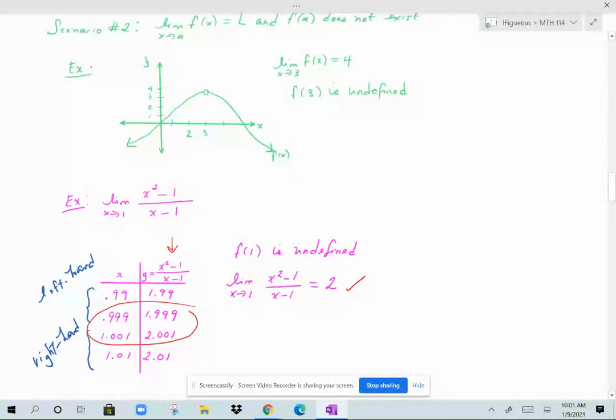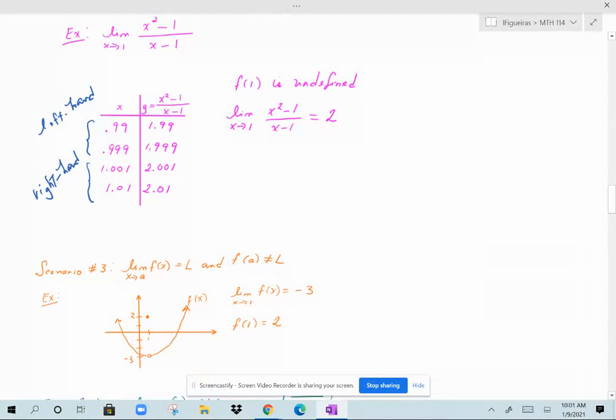So I think it's pretty safe to say that this limit, as x approaches 1, is equal to 2. But if I plug in 1 into this function, it's undefined, right? You would have division by 0, it's undefined. So it's again another example of where the limit exists, but the function does not.